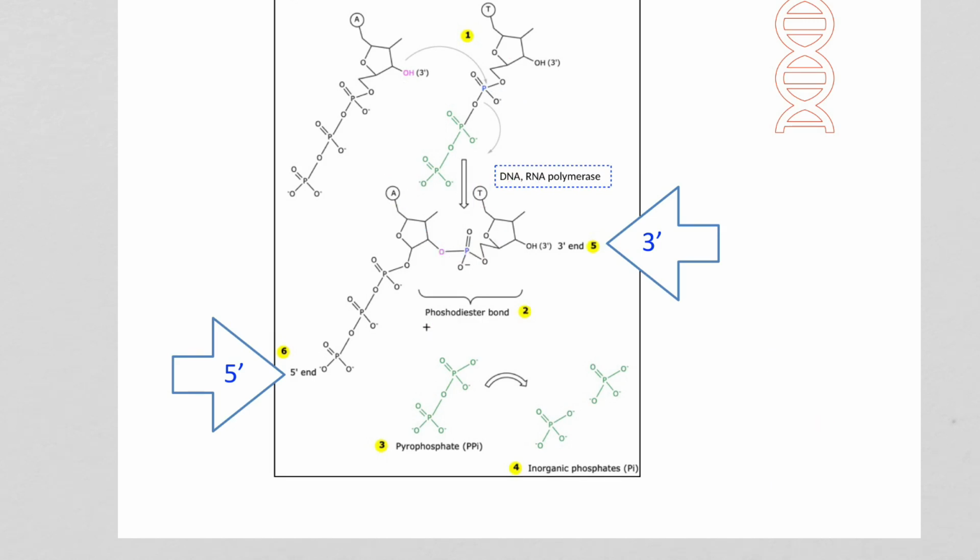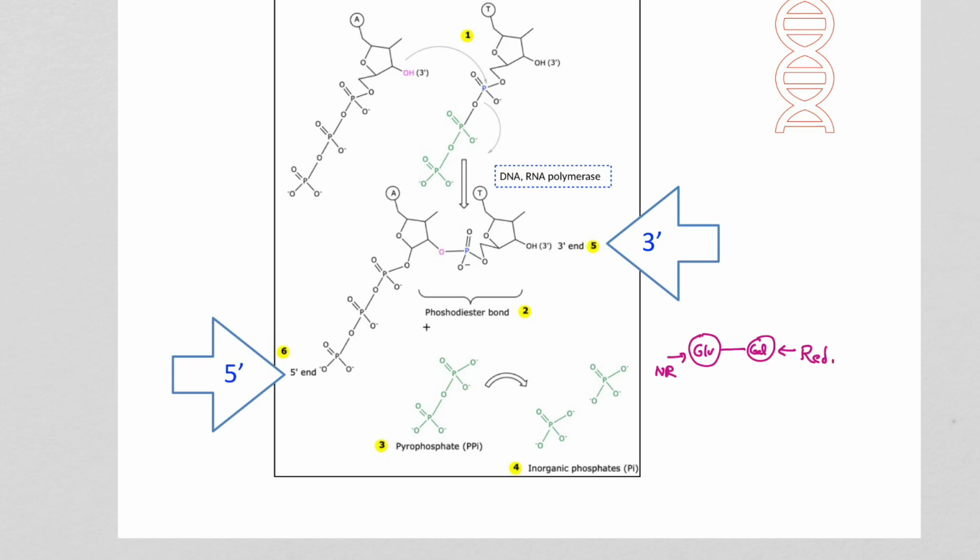Another important concept, for example, when we talked about disaccharides and then polysaccharides, let's say a glucose joined to a galactose, we talked about one end being called the non-reducing end, and the other end, we call that the reducing end.